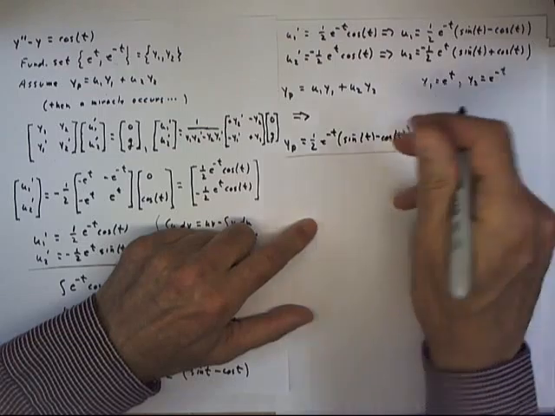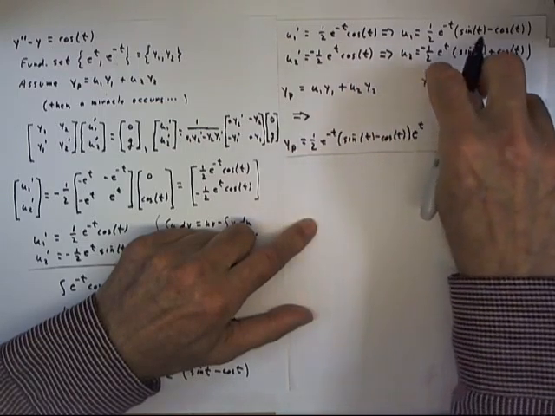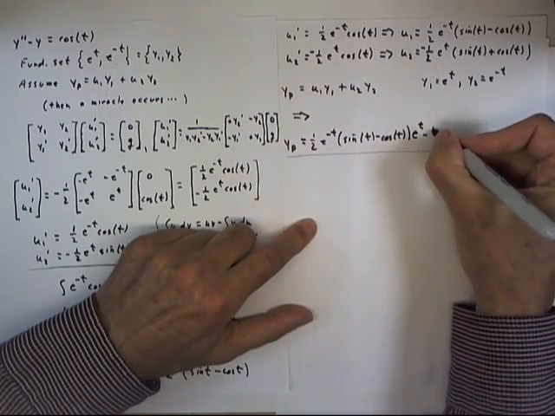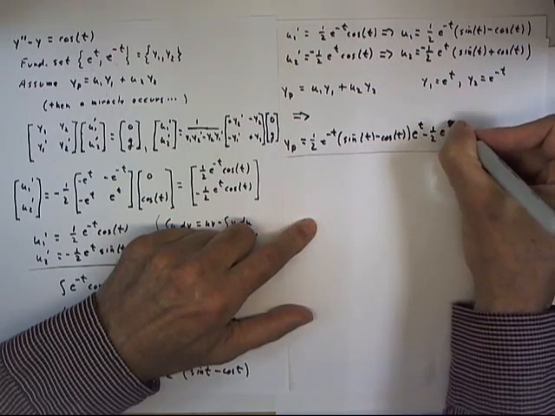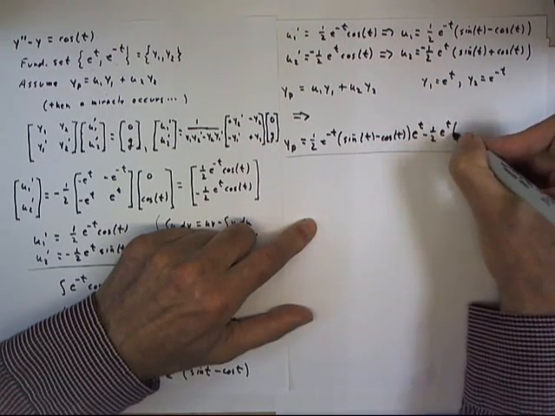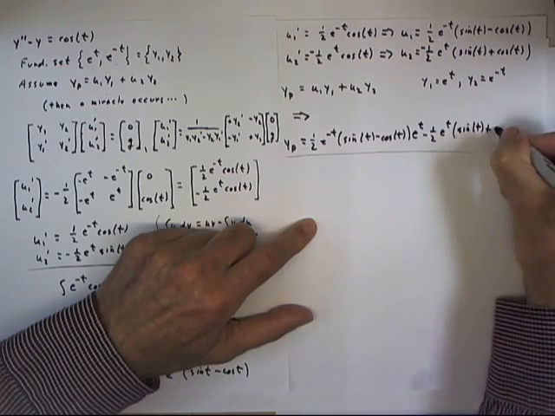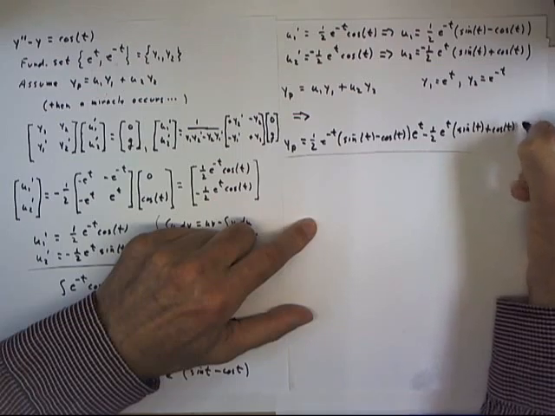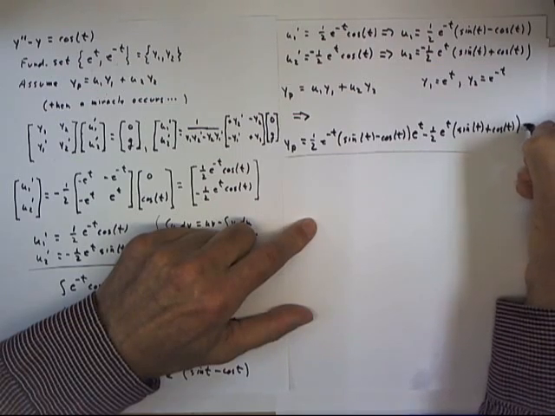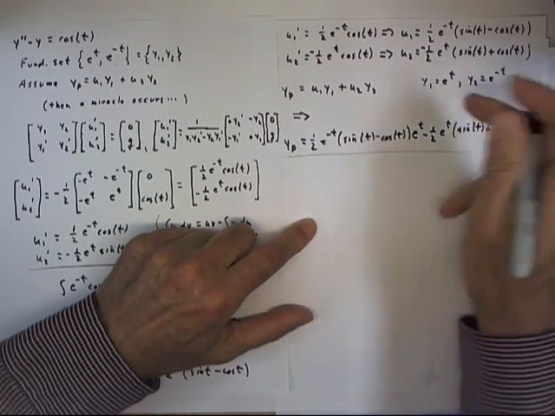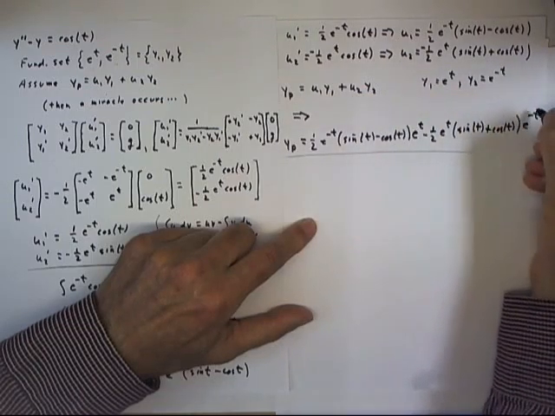And then it's going to be plus u2 y2, u2 being negative 1/2 e to the t times the quantity sine t plus cosine of t, and that's going to be multiplied then by the y2 function, which is e to the negative t.